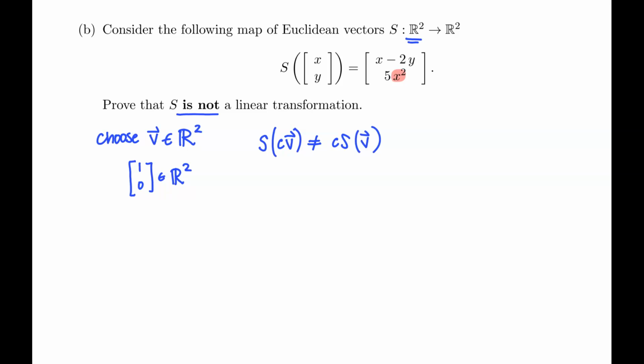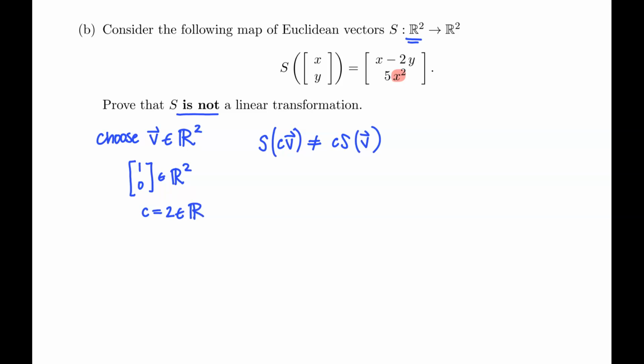Again, the easiest thing here is to choose some value for c that's not going to give the same result if I multiply before or after I square. So 1 and 0 would be bad choices for c. Let's choose c to be equal, in this case, to 2, because if I multiply by 2 after the fact, it's going to be 2, but if I square it first, it's going to be 4. It's not going to be the same. So that's our c from the real numbers that we're going to use for our scalar multiplication.